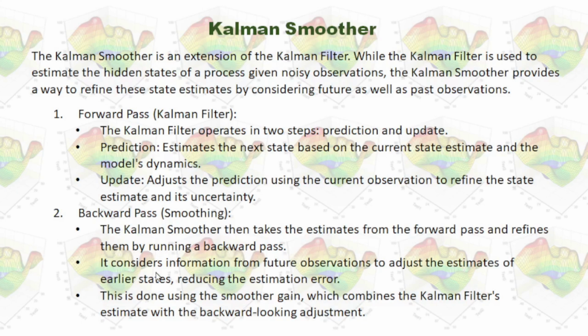It considers information from future observations to adjust the estimates of earlier states, reducing the estimation error. This is done using the smoother gain, which combines the Kalman filter's estimate with the backward-looking adjustment.